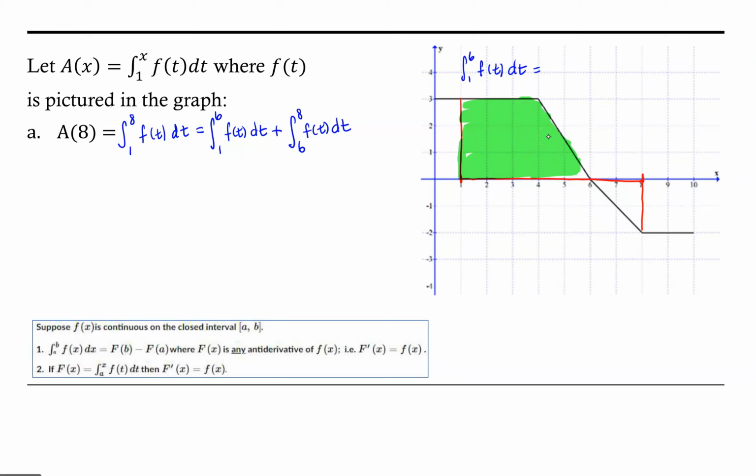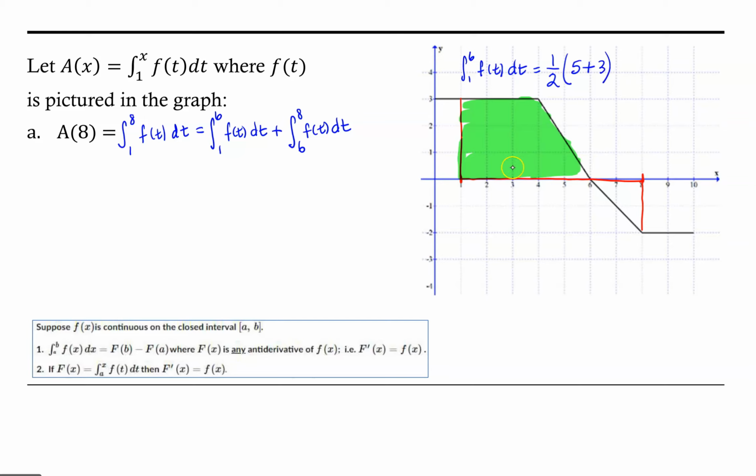You don't have to use a trapezoid. You could do a square and a triangle, but it's likely more efficient to use the trapezoid. So that is 1/2 times the two bases. The bases are the parallel sides. So base 1 goes from 1 to 6, so that length is 5, and then this other base is from 1 to 4, which has length 3.